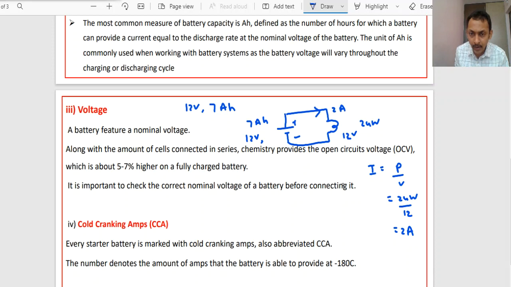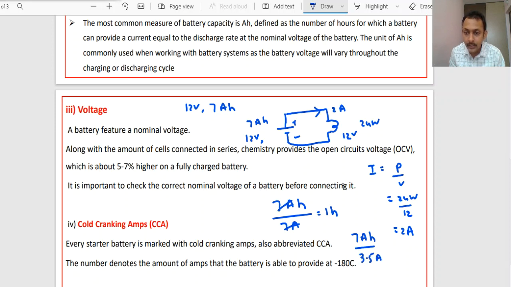Here 7 Ah battery means, if you are extracting 7 amperes from the battery, it will work for 1 hour. On the same 7 Ah battery, if you are drawing a current of 3.5 amperes, then this battery will work for 2 hours.